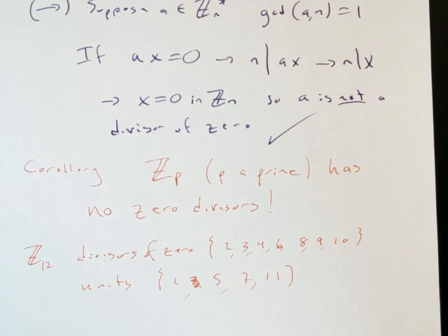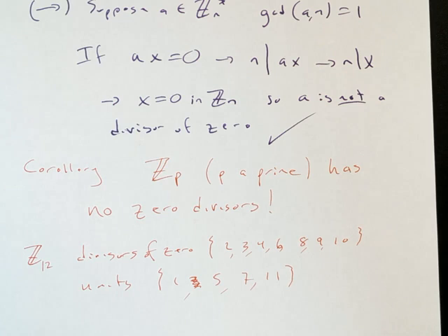One of the things we do often is try and figure out when I've got a field and when I don't. There's an example in the textbook about matrices whose entries are not real numbers, but instead are entries from a field.